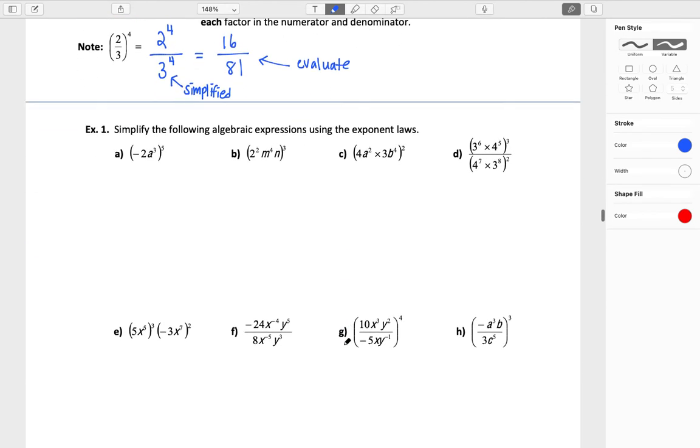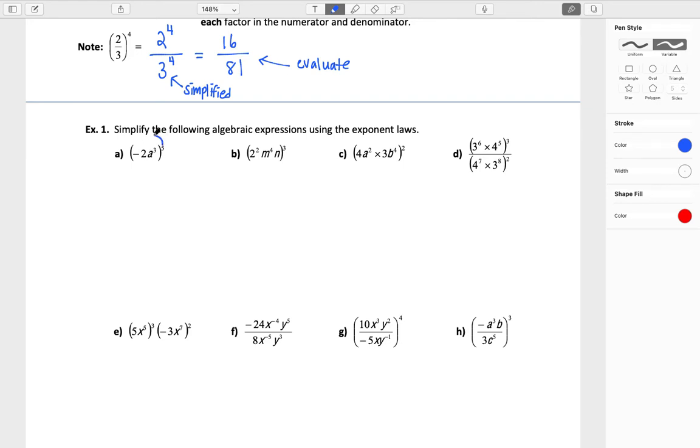Okay, so let's dive into the questions right away. Let's try number 1A. It looks like I have two different variables here, or we have a coefficient. So we have negative 2.